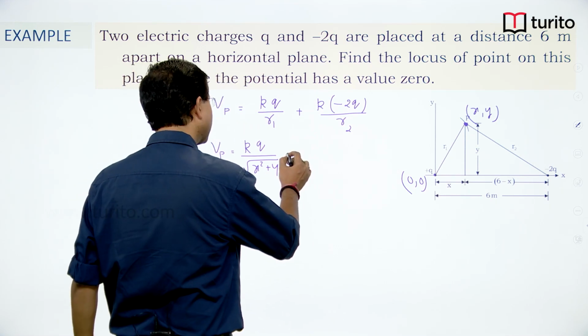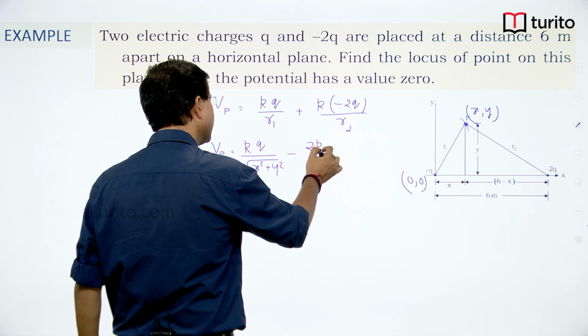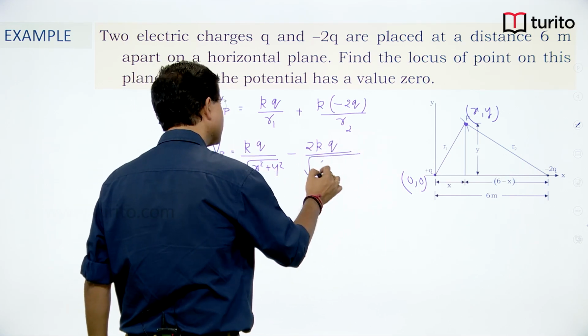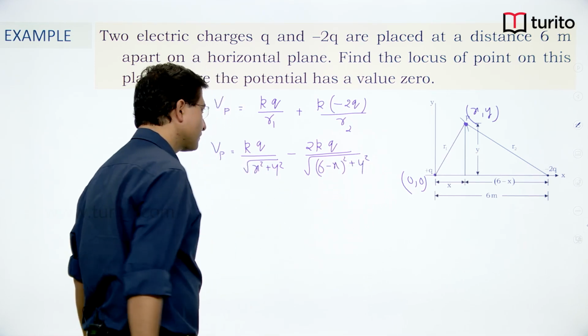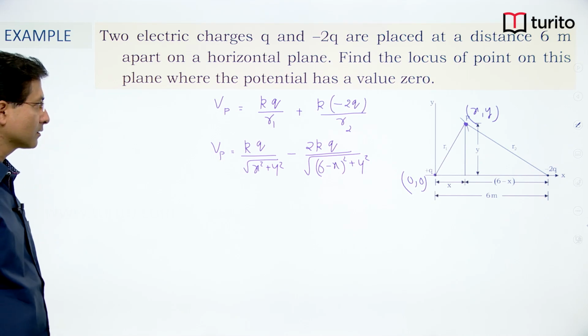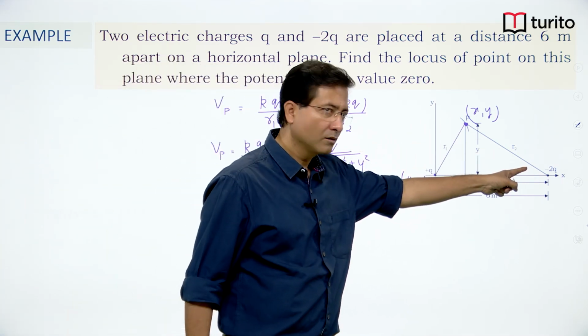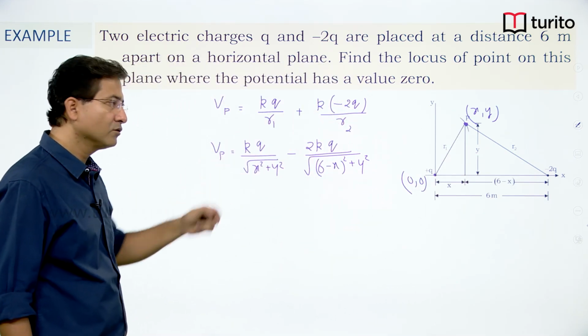So, I can write, taking this minus out, 2K Q divided by under root 6 minus x whole square plus y square, right. This is the formula we use for the potential from a point charge at distance r.